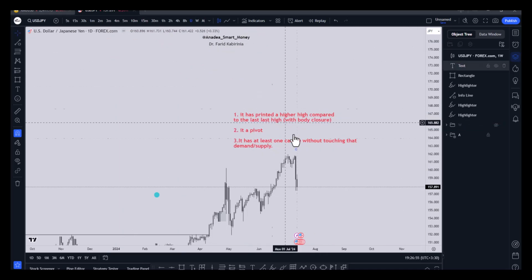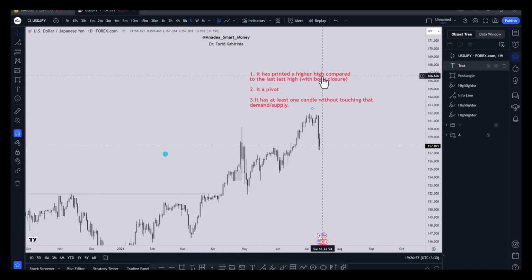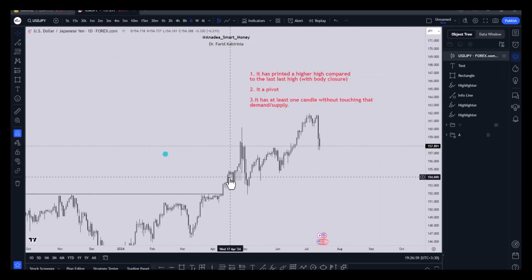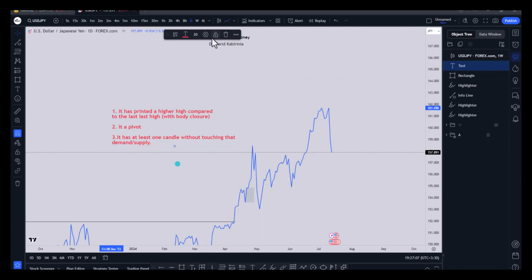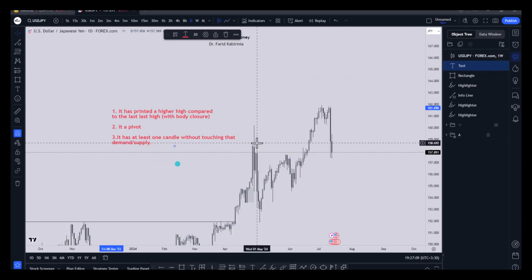I also made several copies. So it has printed a higher high compared to the last high. This was our last high, and it's printed a candle above this last high, and it has closed with a body. So we can check our first criteria. It's a pivot. Yes, it's a pivot. It has at least one candle without touching that demand or supply.